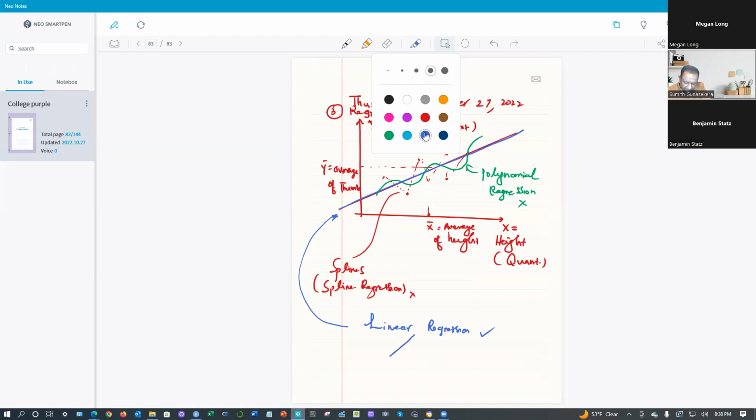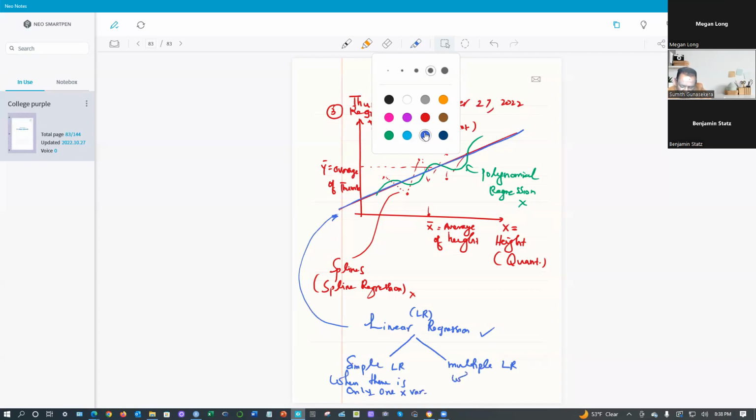It may be simple or multiple. I'm going to use this one: LR, linear regression, or multiple linear regression. When you have simple linear regression, there is only one X variable.